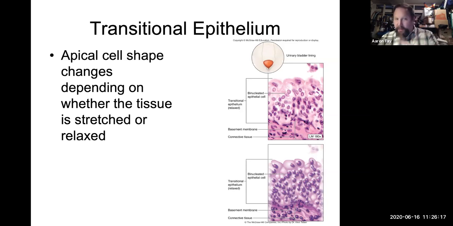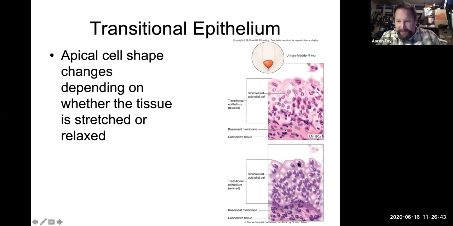So how do you recognize transitional epithelium? The cells of the apical surface are going to have kind of a jumbled appearance. Also, if you're looking through the microscope and you see a part where the tissue is stretched like this, most of the cells in that stretched area will look squamous. If you have it folded in like that, most of the cells around here are going to look cuboidal or columnar.